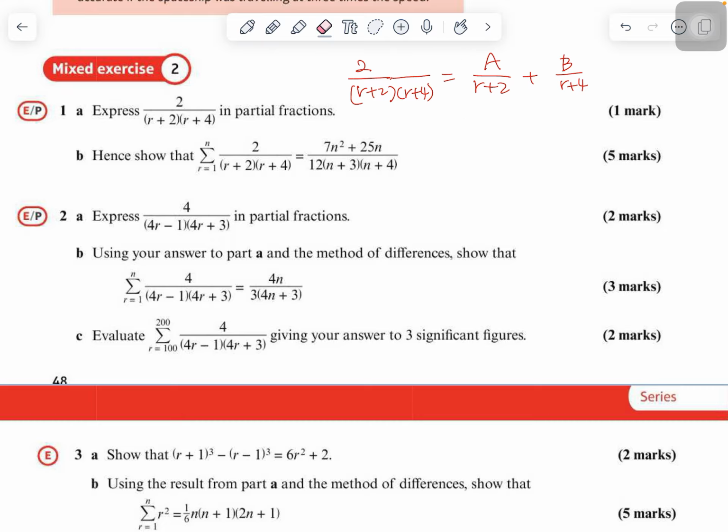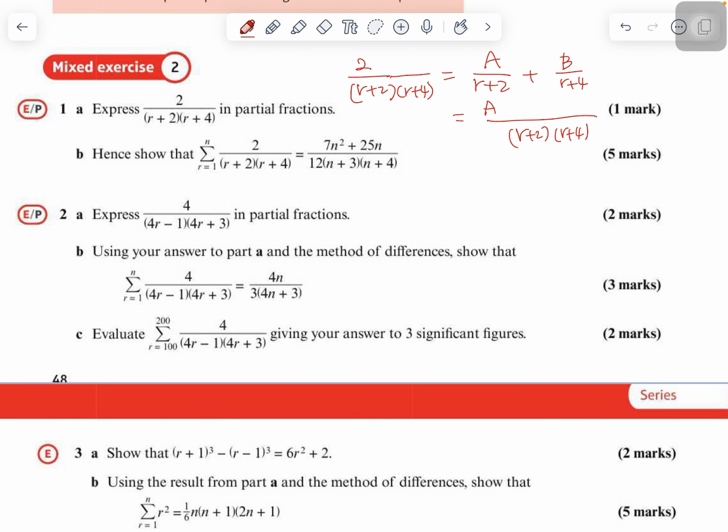Now we make the common denominator again, r plus 2 and r plus 4. Then a is multiplied by r plus 4, plus b times r plus 2. I just rewrite the left side on the right side, so this and this are identical.